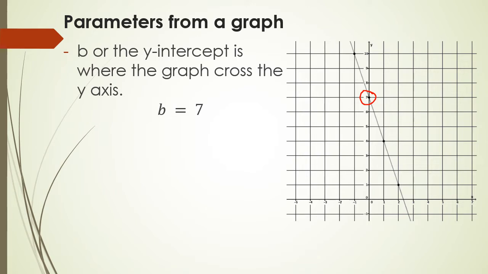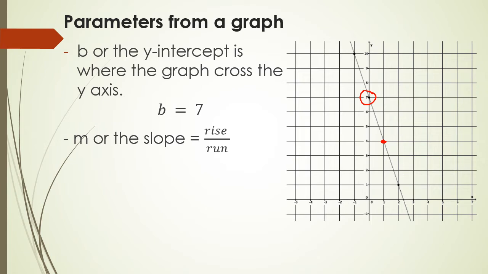Now, the second parameter is the slope, or since we're looking at a line, it's the rise over run. So I'm going to choose two nice points to work with on the line, so I can find what the rise over run is. So I'm going to choose the y-intercept and this point right here.